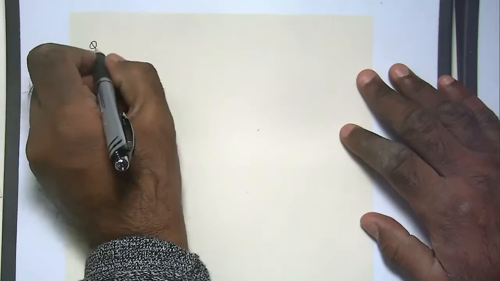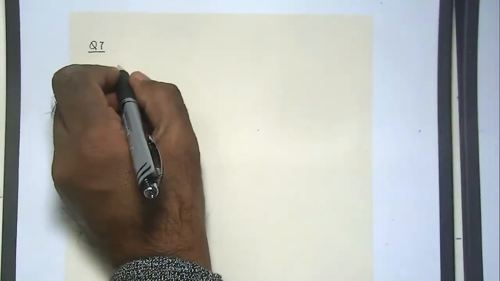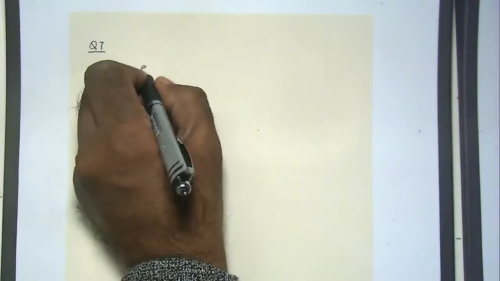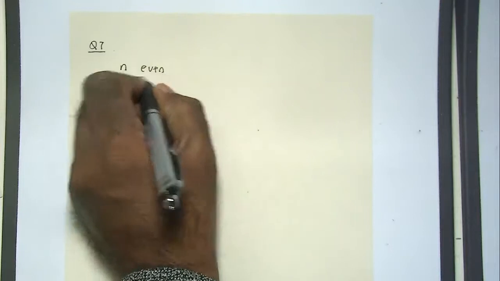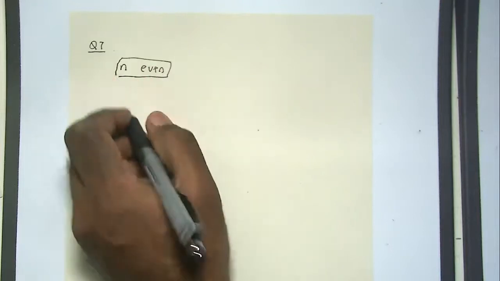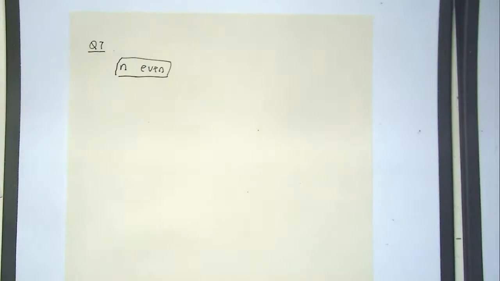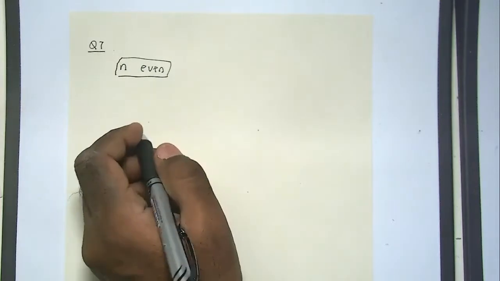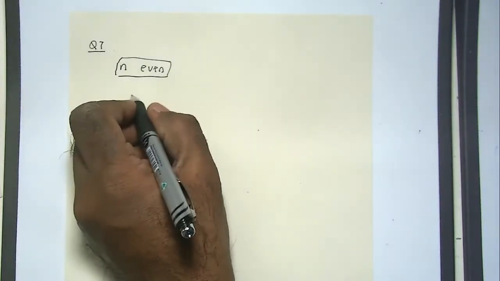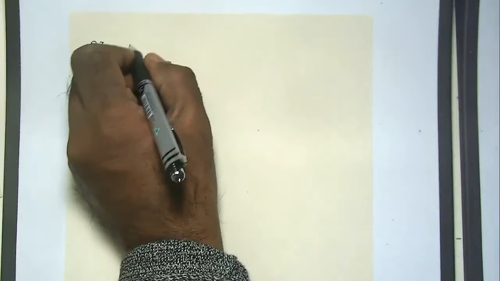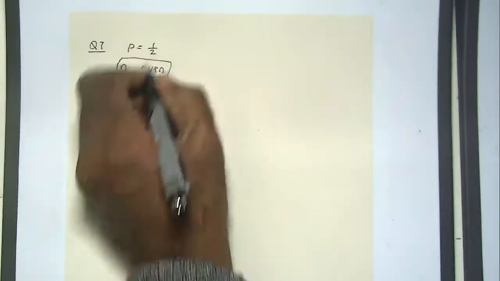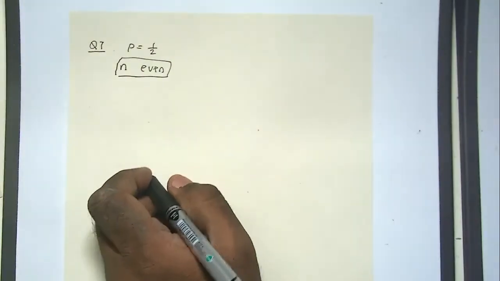So it's question 7. So suppose, first suppose n is even. I'm going to use the formula, which I'm sure all of you know, right? If n is even, and of course we are assuming p is a half, because we want to find the median.